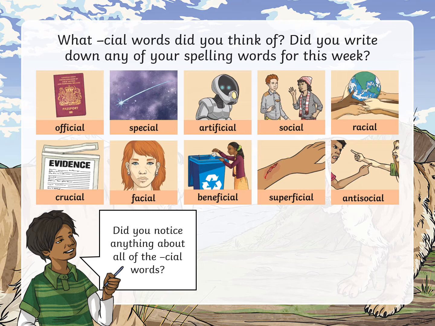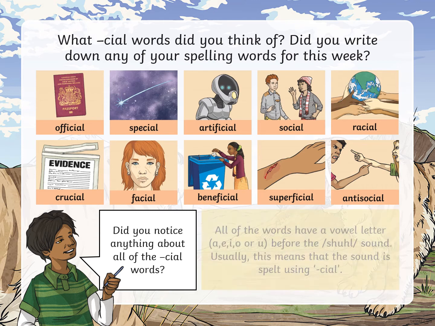Now, did you notice anything about all of these words? Anything they have in common? All of these words have a vowel, an A, E, I, O or U, before the cial sound.